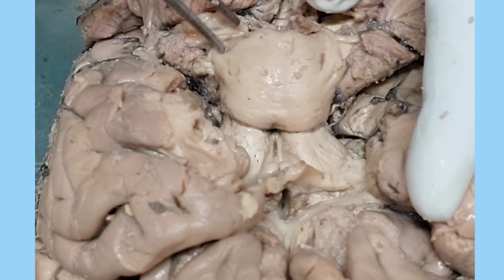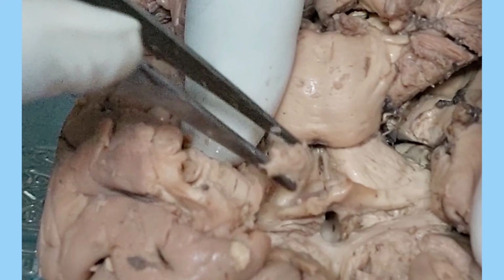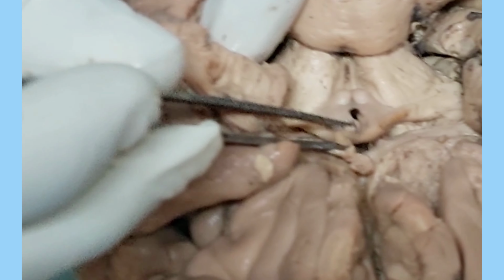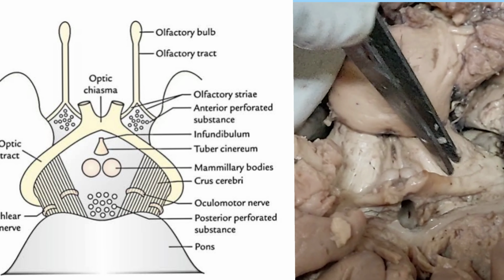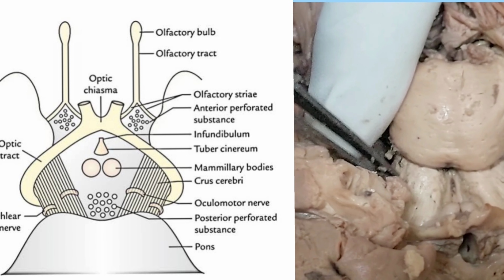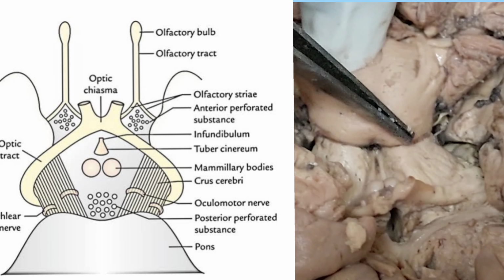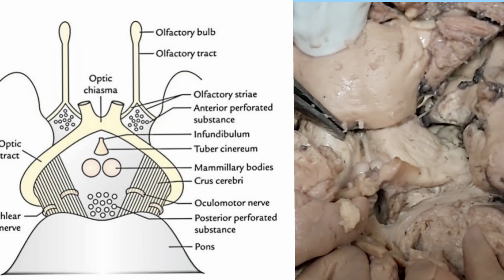This is the pons, the upper border. So boundary anteriorly optic chiasma, anterolaterally optic tract of both sides, posterolaterally crus cerebri of midbrain of both sides, and posteriorly is the upper border of the pons.